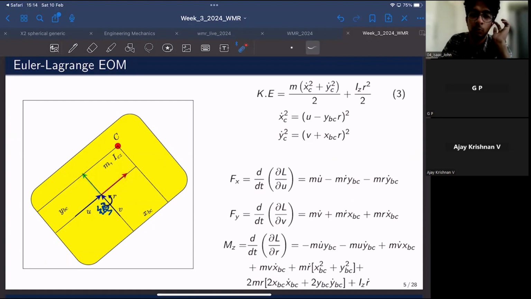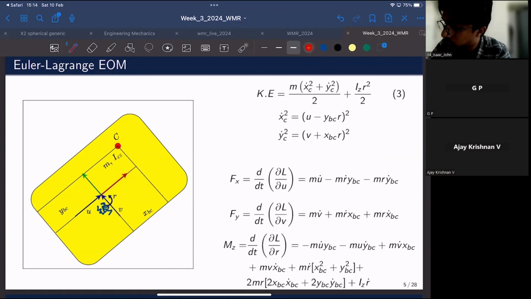So that frame moves with the chassis of the robot. The linear velocity along this x coordinate is called u, the linear velocity along the y coordinate is v, and the angular velocity along this z coordinate we denote as r, right?